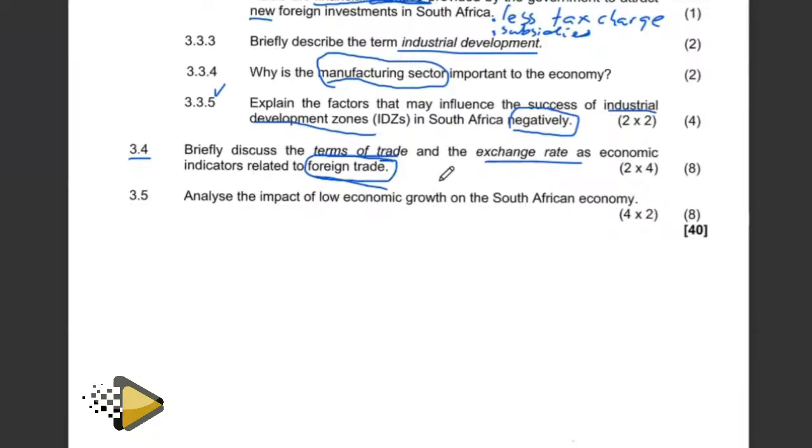When we talk of the exchange rate, for foreign trade to be a success, the currencies compared to one another should be powerful currencies. And the moment those currencies are powerful, or allow one another to exchange in line with forex, then it means that for those countries to trade with one another is not going to be a struggle.